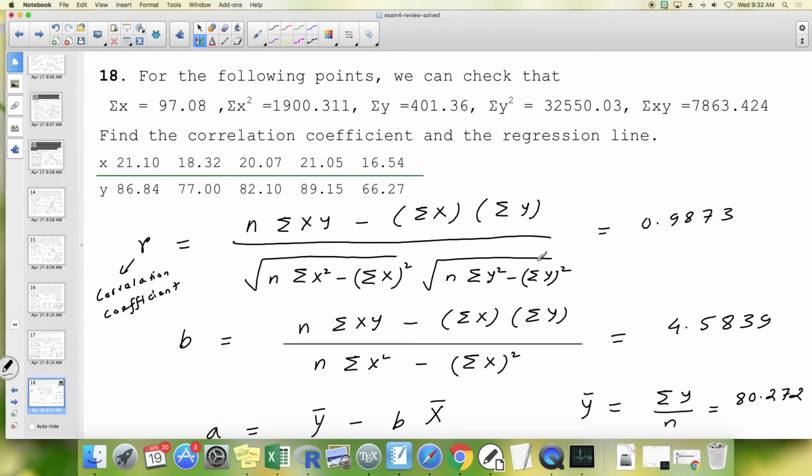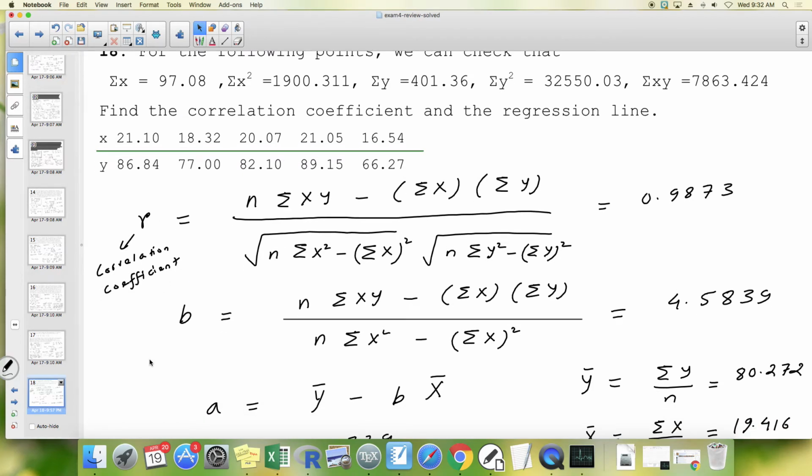And if you plug these numbers, n is 5, I've not given that, but that's obvious, 1, 2, 3, 4, 5. And if you plug the rest of the numbers here, you shall get 0.9873. Then that's correlation coefficient done.